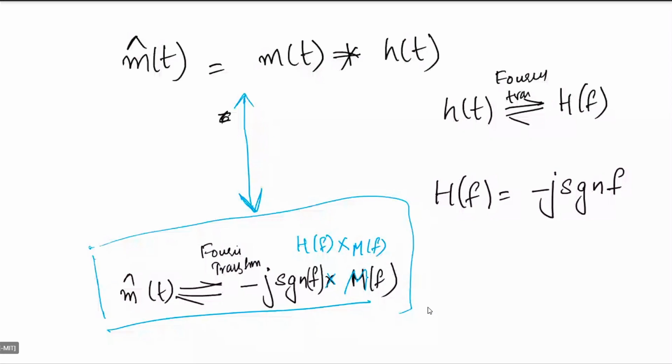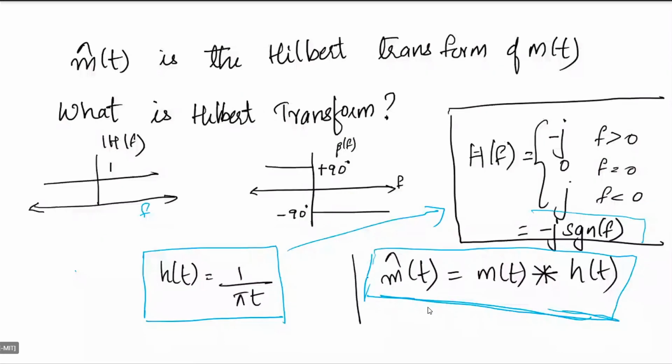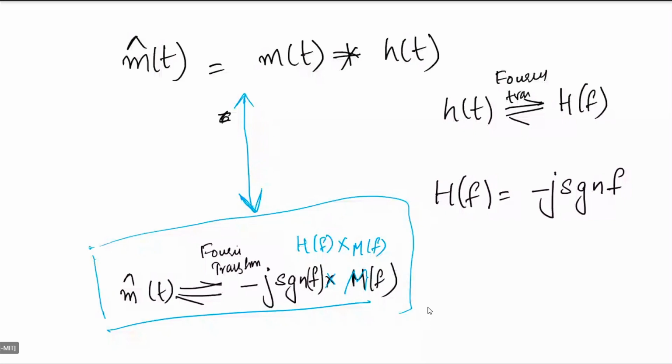Okay, h of f I have explained, the transform of h of t. Shouldn't the output also be in the frequency domain? Shouldn't it be converted back to the time domain after multiplying them, so that the domains of the two things match?